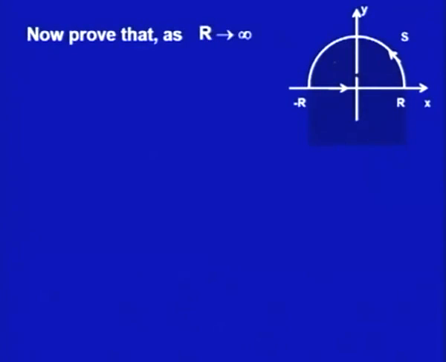We want to prove that as r approaches infinity, this integral of z e to the power iz upon z squared plus 2z plus 2 dz on the semicircle S approaches 0.